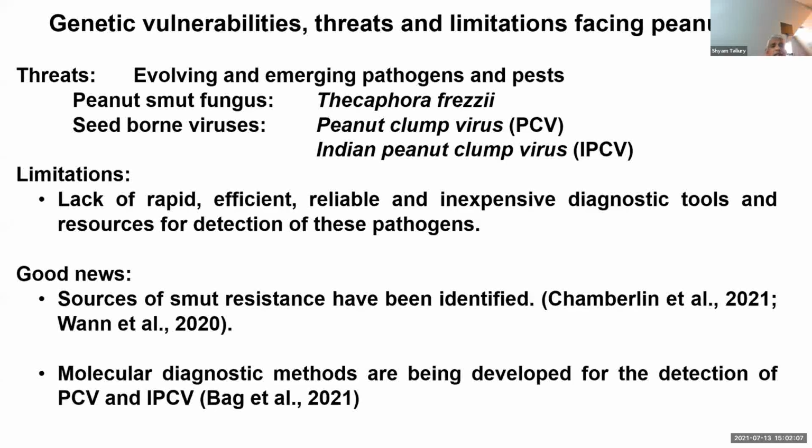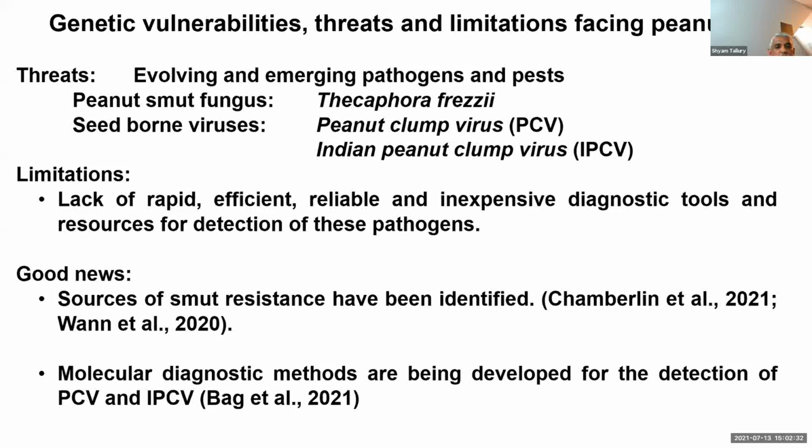The good news here is that sources of smut resistance have been identified in collaboration with international partners in Argentina. And I cited the reference of Dr. Chamberlain and Dr. Dylan Vaughn, published in Peanut Science last year.